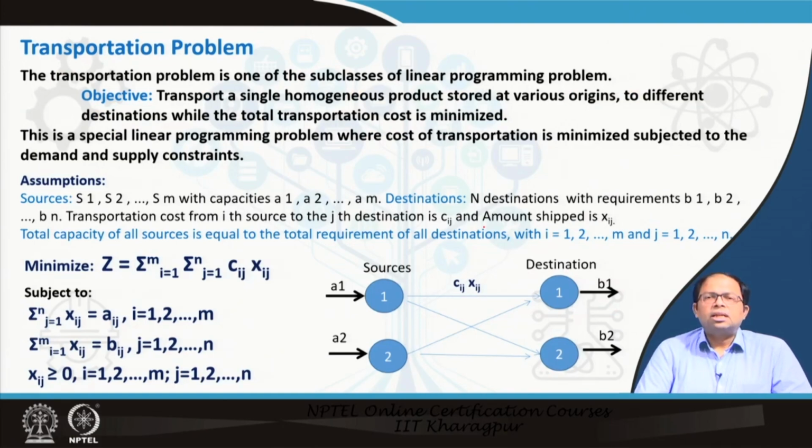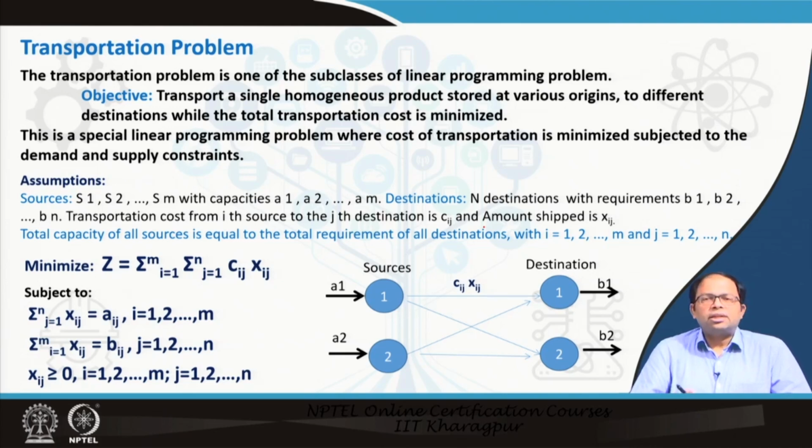Now, as I was discussing, we need to understand how to locate different transshipment centers, or how to determine freight flows between the supply points and the delivery points through transshipment centers or without transshipment centers. So basically, the transportation problem helps us to determine these freight flows from the supply and demand without any transshipment.